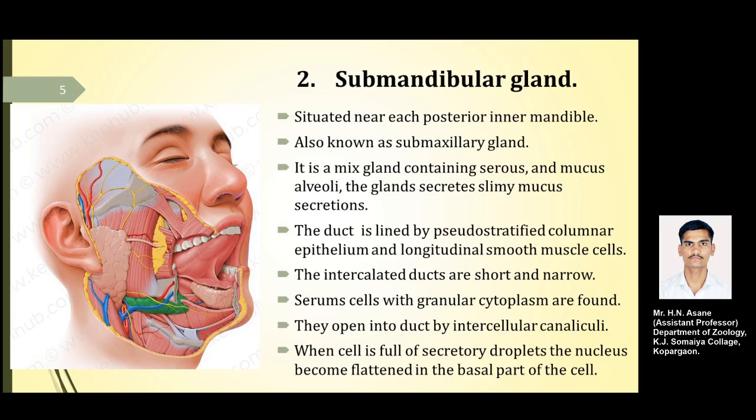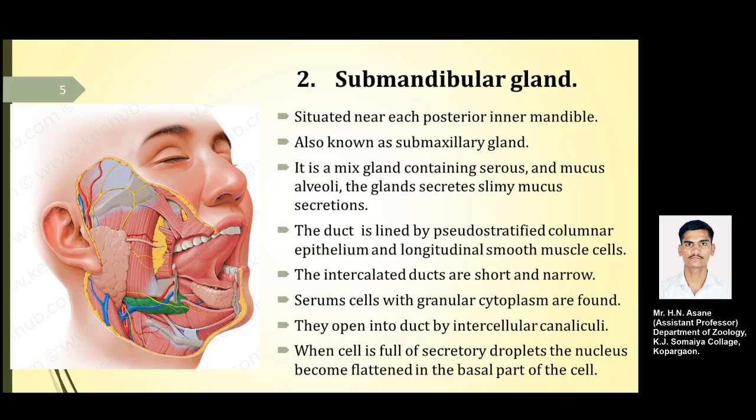These glands secrete a slimy mucus secretion, and the main duct is called the Wharton duct. These ducts open beneath the tongue, that is, at the basal surface of your tongue.